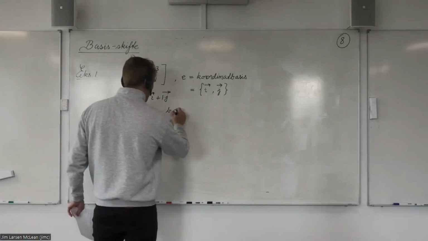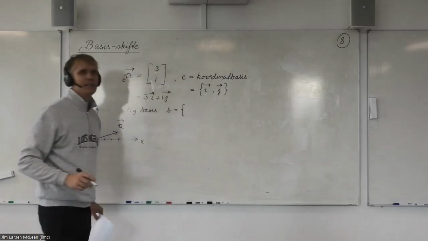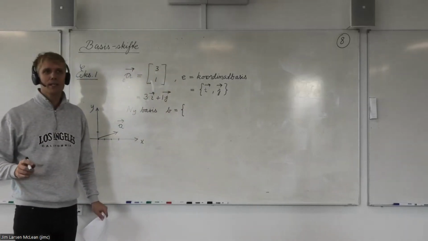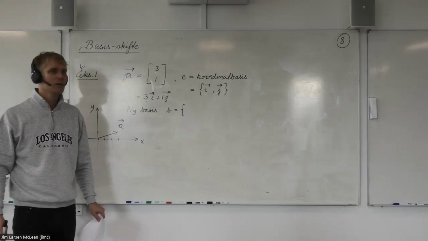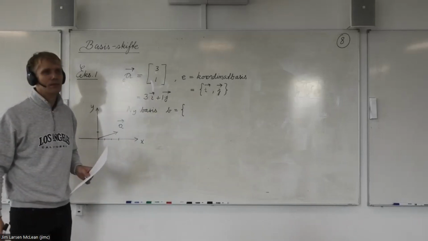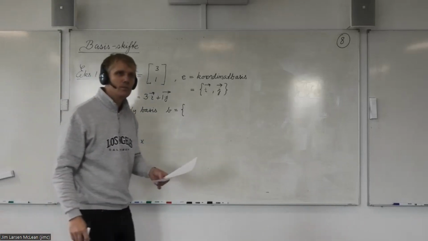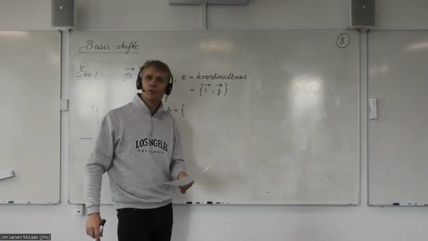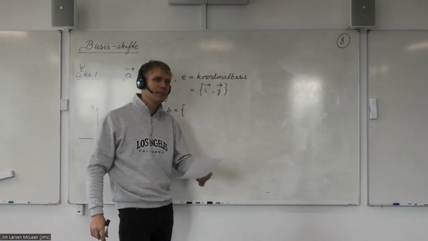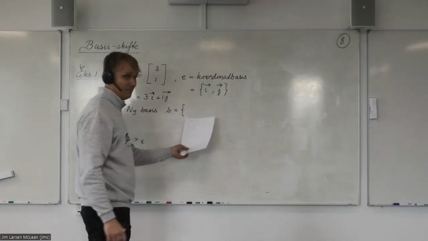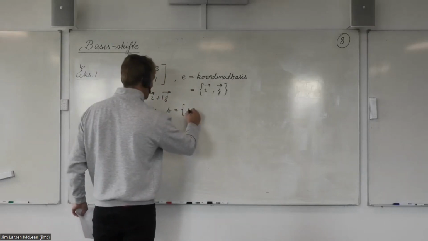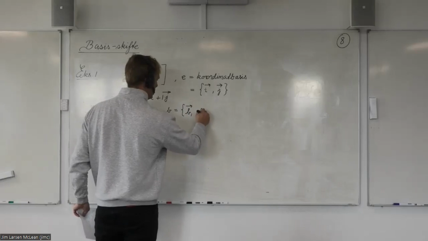How many vectors should be in this new basis, which are linearly independent of each other? 2. Why? Because it's a 2-dimensional vector space, and exactly 2 linearly independent vectors are needed to span it. I call one of them b1, and the other one I call b2.